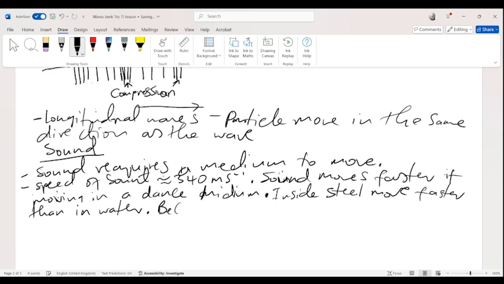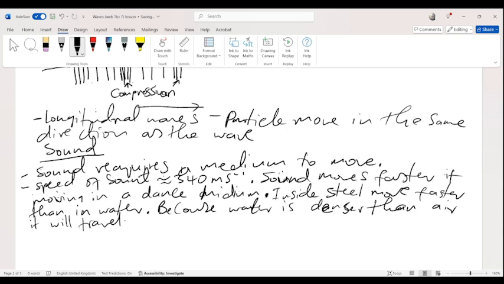And because water is denser than air, it will travel faster in water.